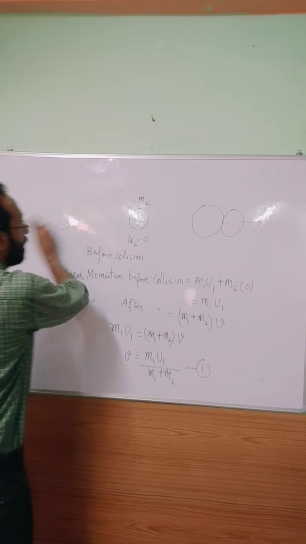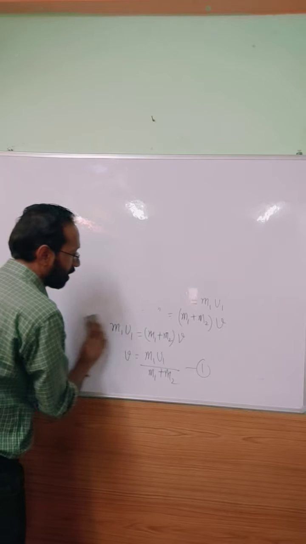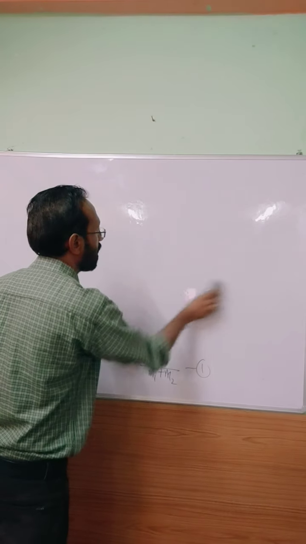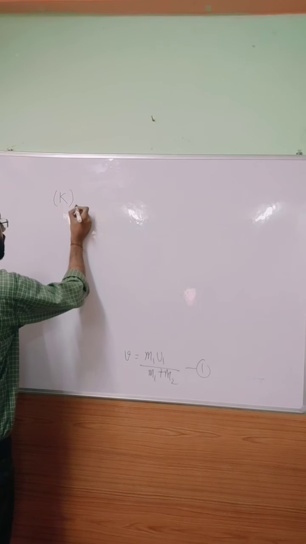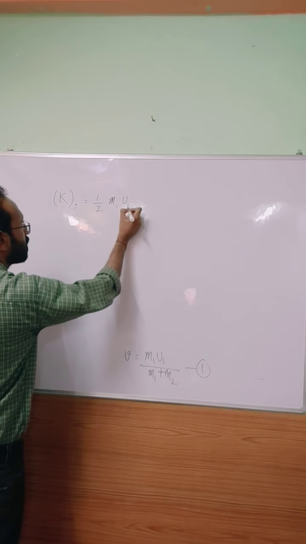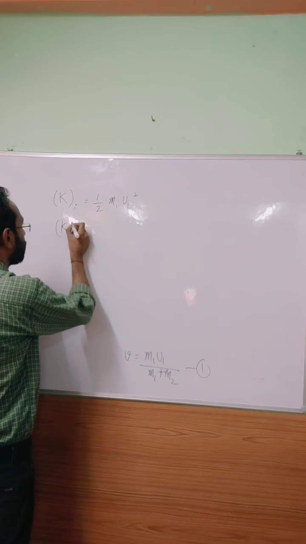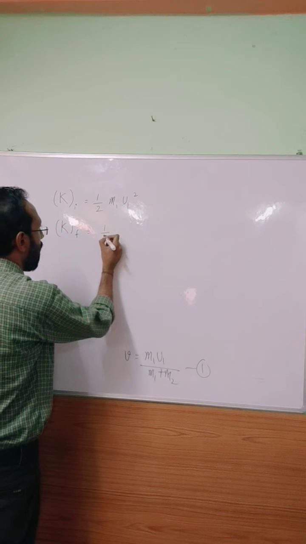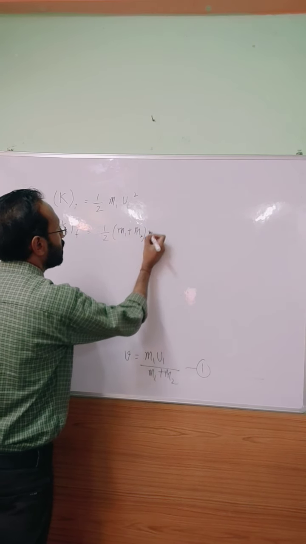Now we show that there is a loss of kinetic energy during inelastic collision. Kinetic energy initial is equal to half m1 u1 square, since u2 is 0, and kinetic energy final is equal to half (m1 plus m2) into v square.